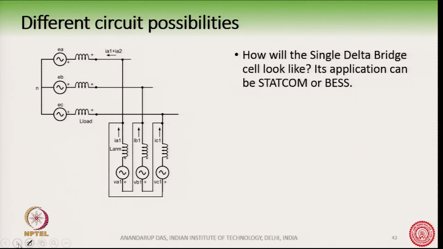So far we were talking about only star connected cells. How will it look with a delta connected cell? This is what it looks like. Okay, delta connected. So, where do we use the delta connected configuration? Sometimes we use it in STATCOM or battery energy systems. So, this is how you can connect the MMC arms in a delta connected system.